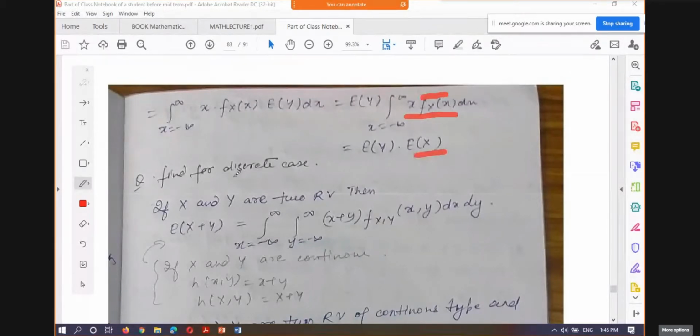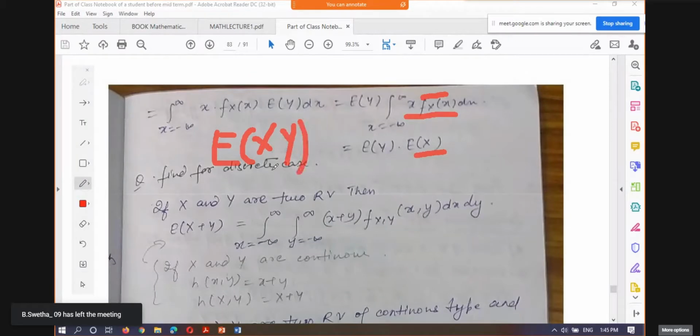So we have proved that if x and y are independent continuous random variables, then the expectation of xy equals the expectation of x into the expectation of y. Similarly, you can prove this result for discrete random variables.